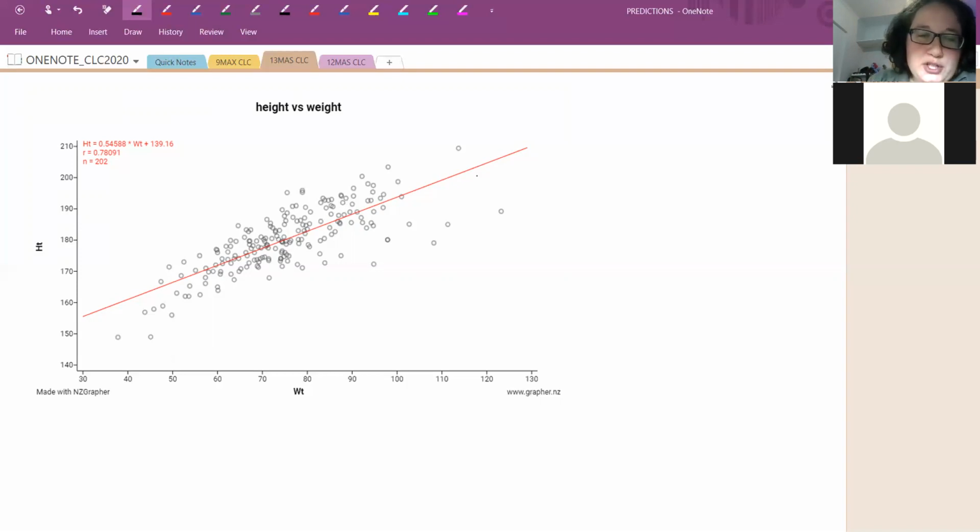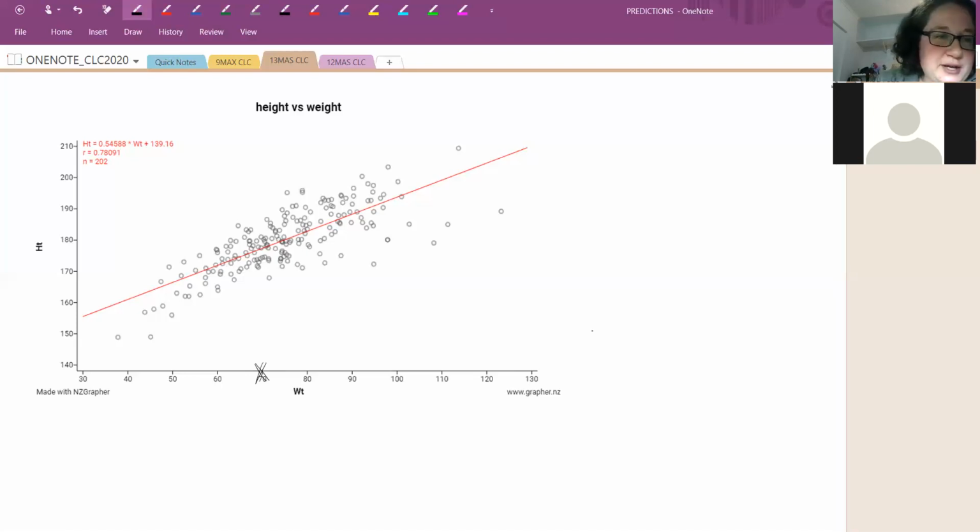Okay, so you're also going to predict for a point that makes sense from within your data set, and you can pick one or two. So I might pick something like 70 kg to predict, okay, which is here. And when I do that, the first thing I'm going to do is use my equation.